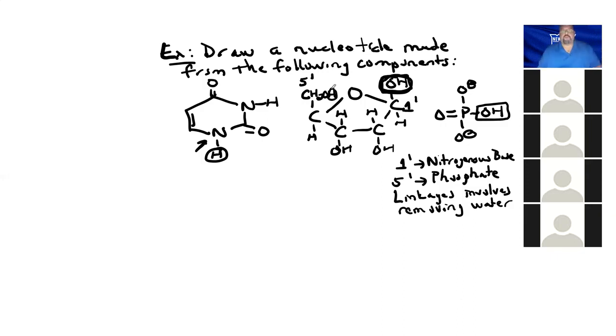Off of carbon 5 prime, we're going to take off the H. So essentially, and I should have squared that instead of circling it, of course, those are going to be the waters that are going to be removed.